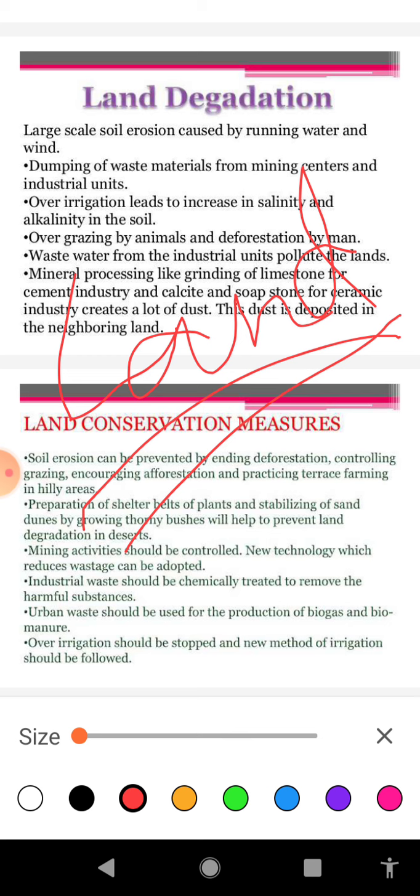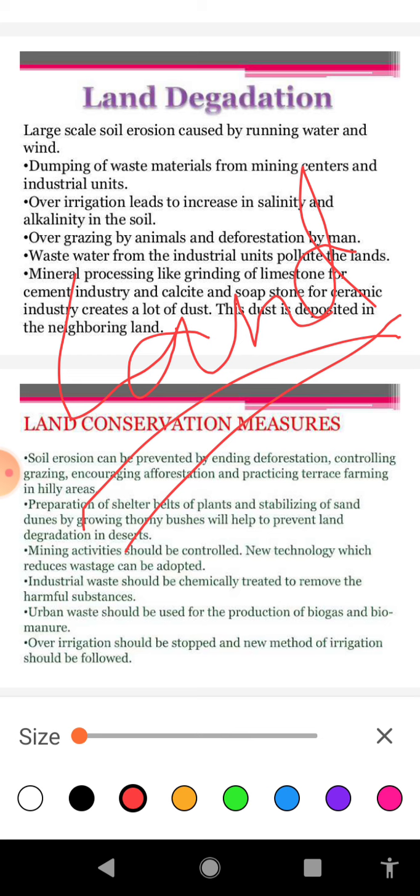So you may get the question, how can you say that land is a resource of utmost importance? In this way you can count the points that single land is utilized by us in different ways to fulfill our different needs, like for settlement, for growing grains, as forested area, as pasture land, then for mining minerals, for construction of roads, rails, for setting up industries.